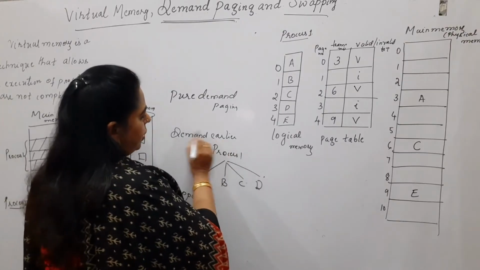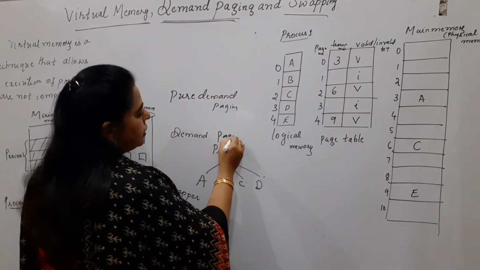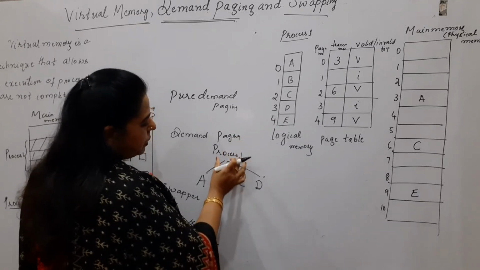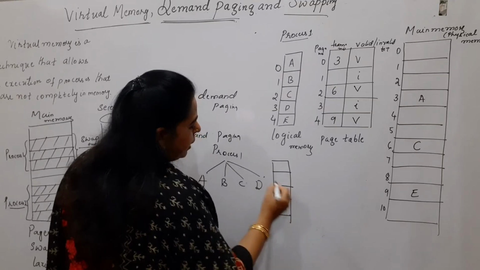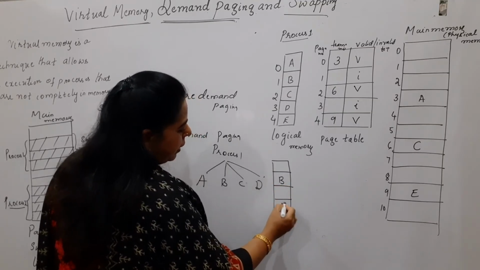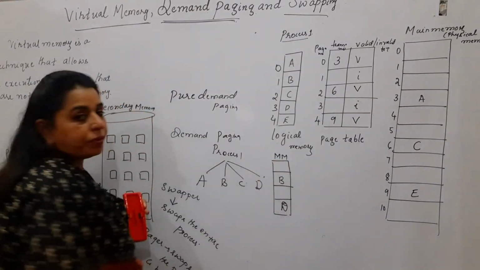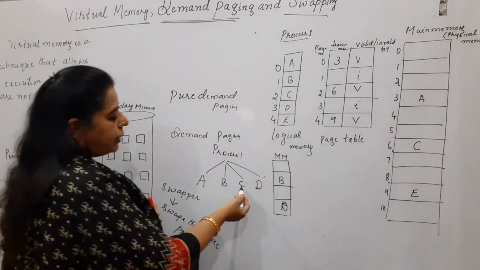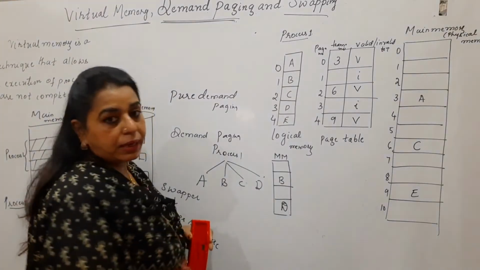So in demand paging, what exactly is happening is, let us first assume that out of all these 4 pages of process 1, there are only 2 pages present in the physical memory, B and D. Let us assume B and D are present in the main memory. Now the CPU wants to execute an instruction belonging to page C. Page C is not present in the main memory.